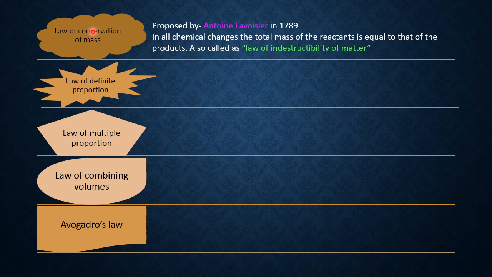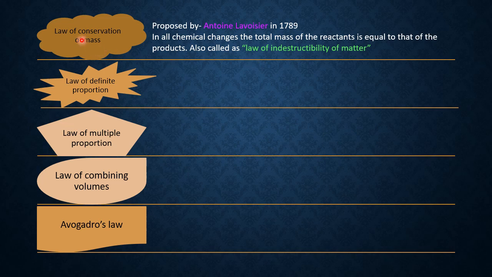That means total mass before the reaction and total mass after the reaction remains the same. That's why this law is called the law of indestructibility of matter. Means what? Matter is not destroyed. So matter is maintained. Matter means what? Its mass is maintained. So that's why it is called the law of conservation of mass.